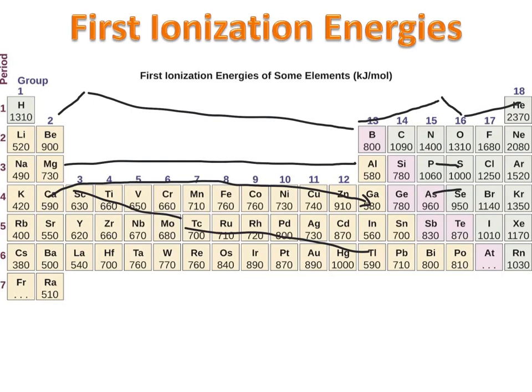And then the trend down between groups 2 and 13, and then 15 and 16 disappears, and you can think of this leveling out because of the presence of D and F electrons and the D and F subshells.